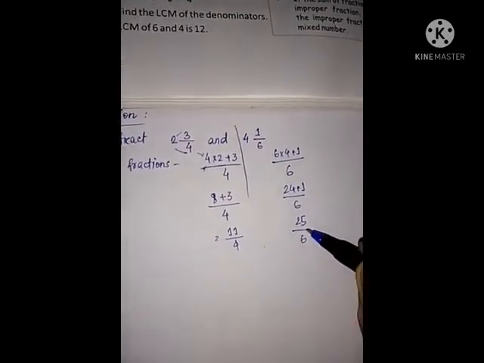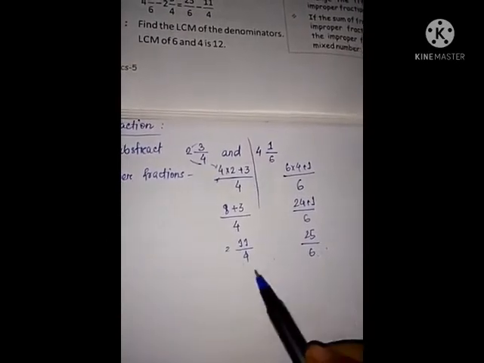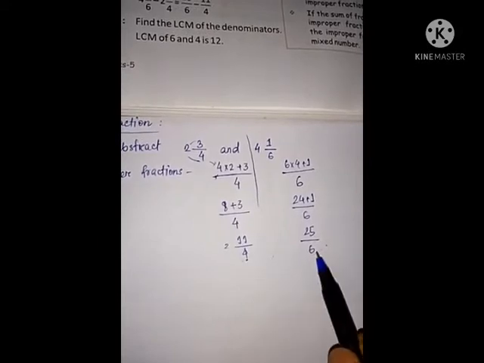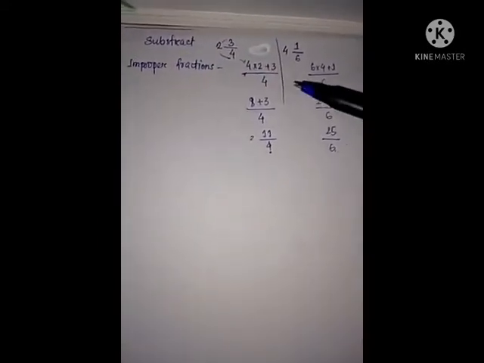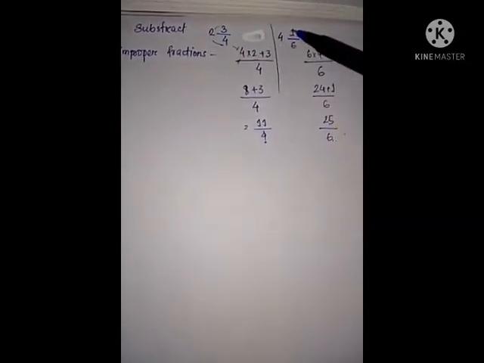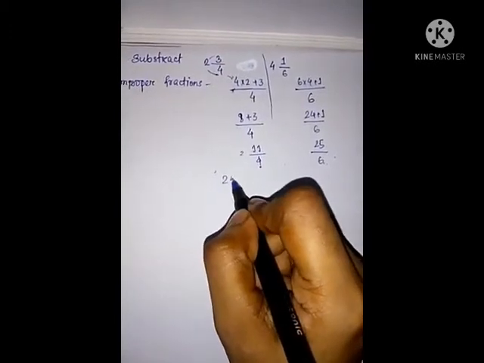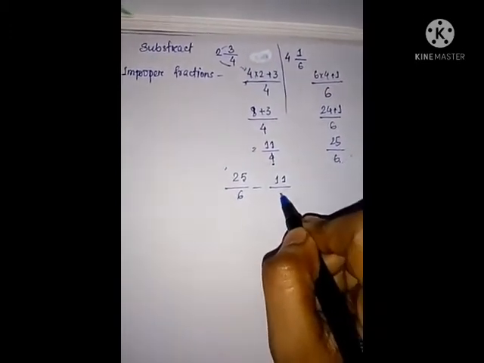Now what we have to do, these are unlike fractions, so we have to find the LCM of the denominators, meaning 4 and 6. Now we have to subtract this from this, meaning 25 by 6 minus 11 by 4.